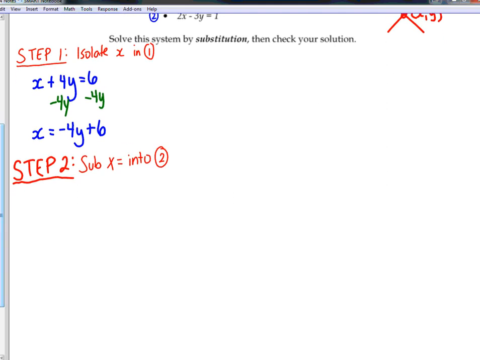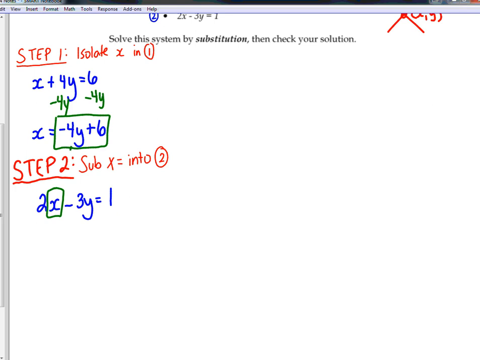So what do I mean by that? Well, let's write down equation 2. Equation 2 is 2x minus 3y equals 1. Okay, so we're going to replace which variable? Well, which variable did we isolate? X. And what did x equal? Negative 4y plus 6.